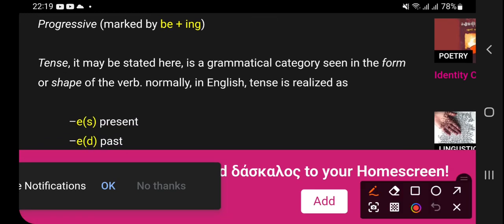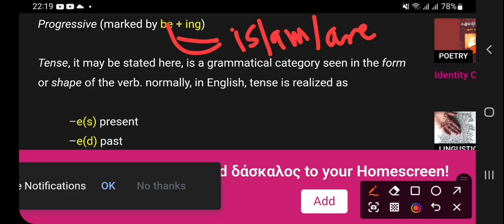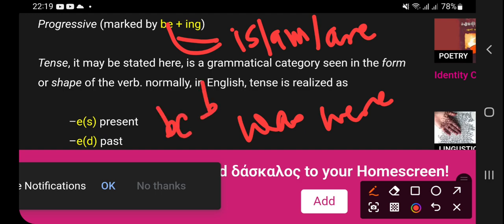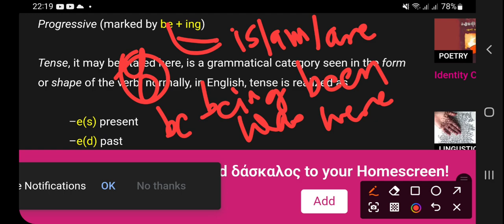Progressive is ing, marked by be plus ing. This be means is, am, are, was, were. Be, being, been.